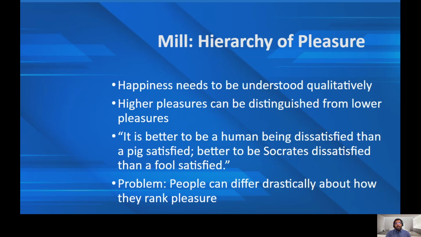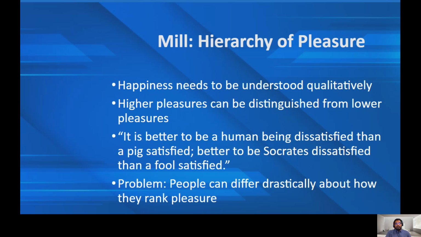The happiness you get out of doing nobler actions would be higher forms of pleasure. Therefore, Mill has this very famous statement, and I like it a lot. It is better to be a human being dissatisfied than a pig satisfied. It is better to be Socrates dissatisfied than a fool satisfied.